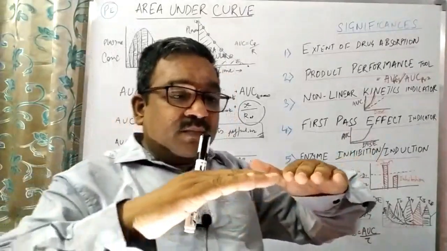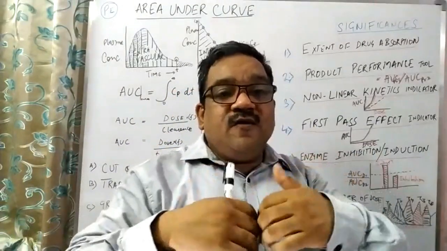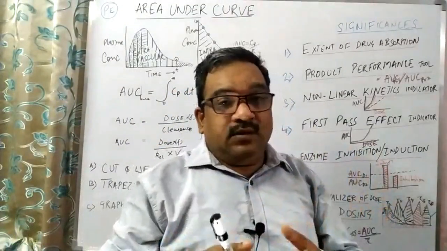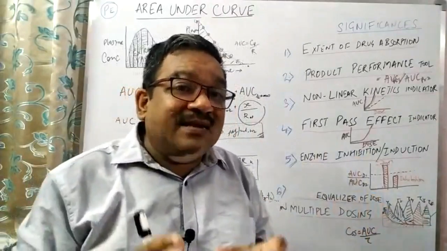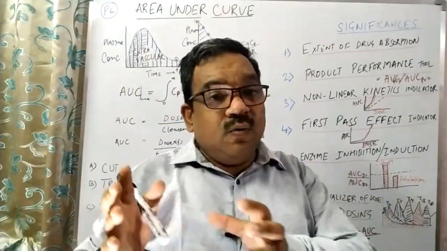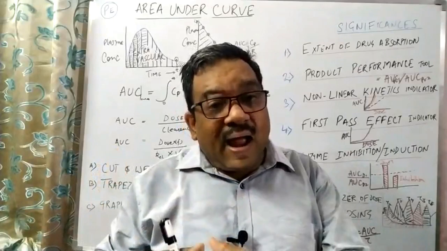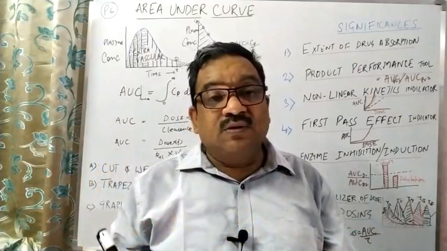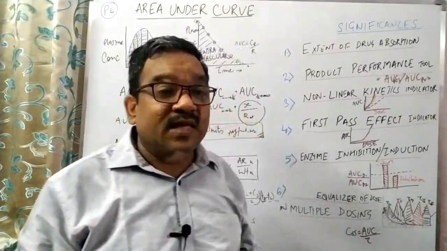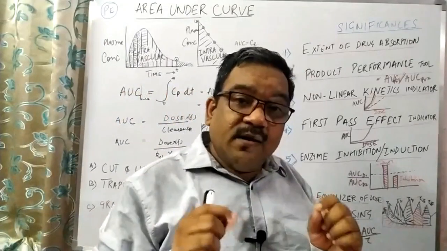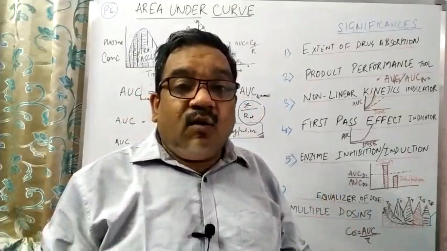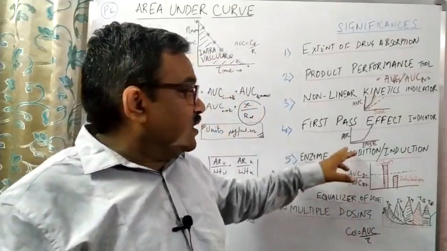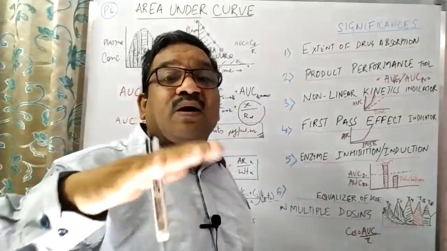We expect that if we increase the dose, the AUC increases. Why not here? Because the drug reaches the liver, and the liver enzymes are responsible for the metabolism of the drugs. Hence the AUC does not increase corresponding to the amount of drug, and the AUC becomes stagnant.